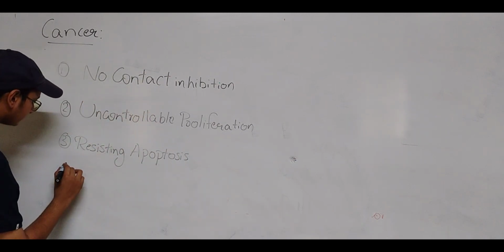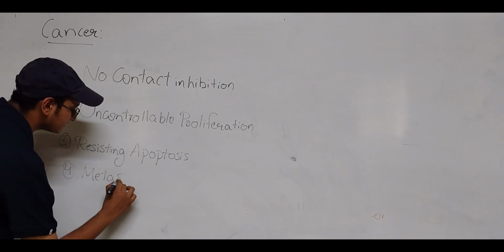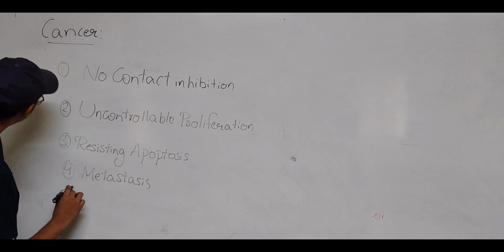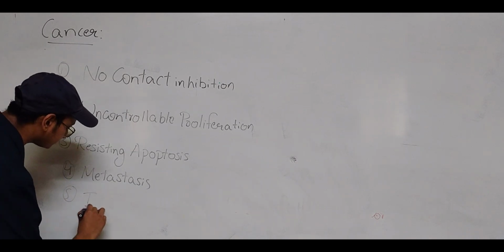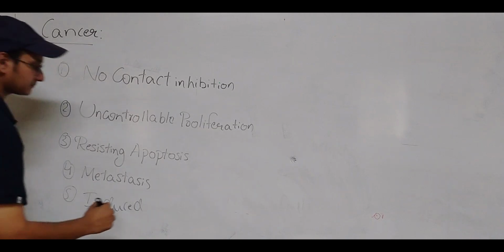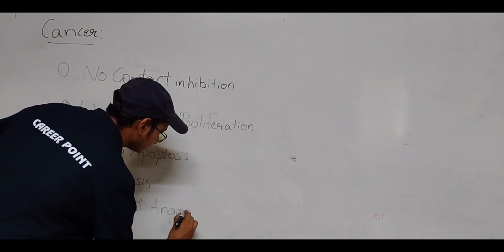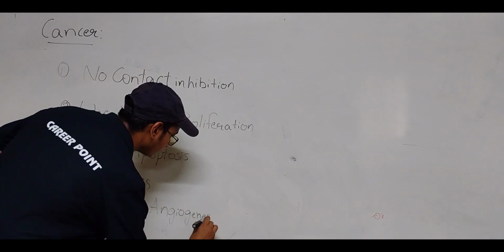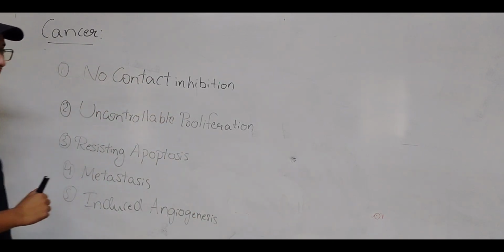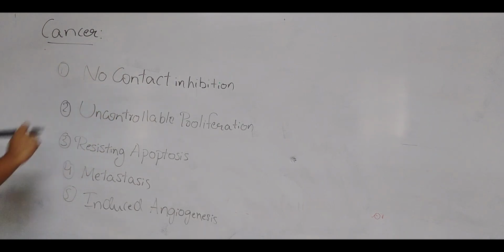And the fourth one is, just now we have discussed it, metastasis. And the fifth one is induced angiogenesis. So these are the characteristics of cancer.